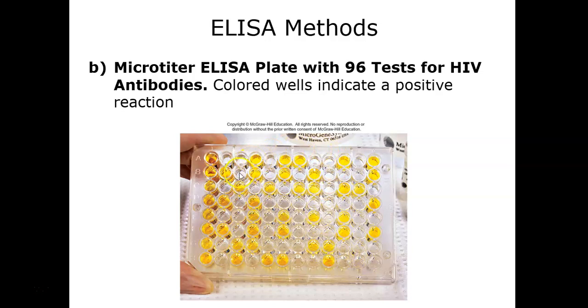So here's an example of this microtiter plate where we've attached to the bottom of these wells an antigen. We've added in the antibody, and anywhere that there is an enzymatic reaction, we get this color change, which indicates that there is the presence of antibodies to that infectious agent.